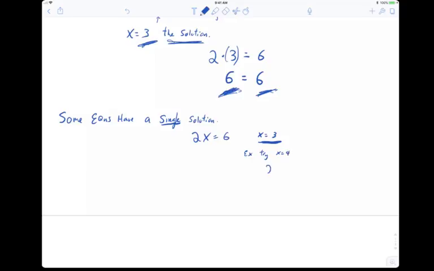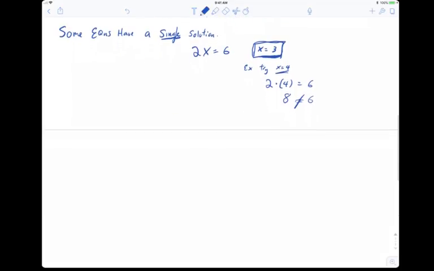Replace the x with a 4. 8. 8 is not equal to 6. So 4 isn't a solution. So sometimes our equations only have one solution. Sometimes there's more than one solution. Sometimes there's no solution.